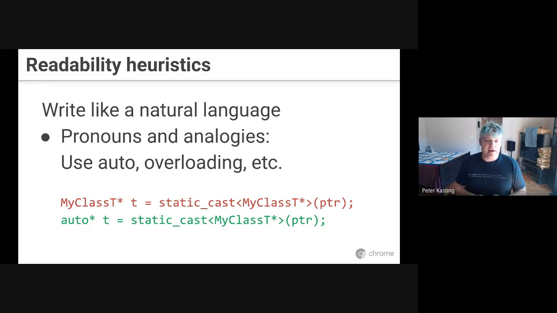I'm a big fan of eliding text by using these kinds of methods and not using things like dot equals blah, blah, blah. The Google Style Guide has been moving slowly in this direction over time. It's not quite as gung-ho on things like auto as I would be, but it does go there.